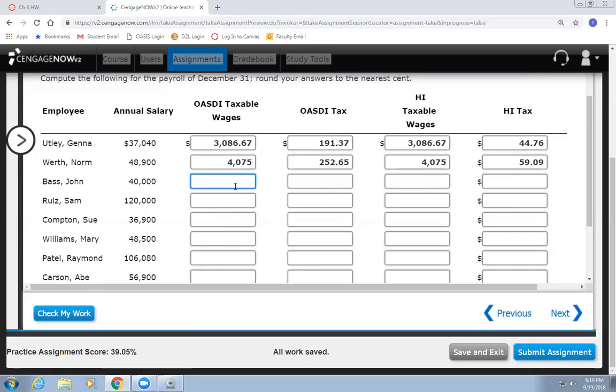For John, he has an annual salary of $40,000, so his taxable wages are $3,333.33. That's a fun one, isn't it? Which makes his Social Security $206.67, and his Medicare $48.33.